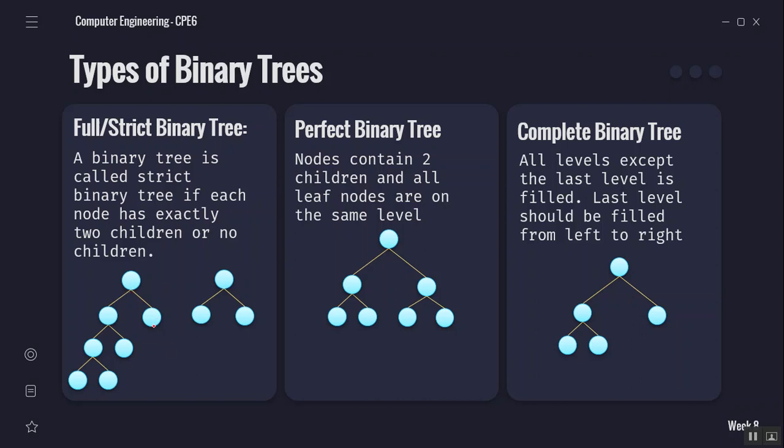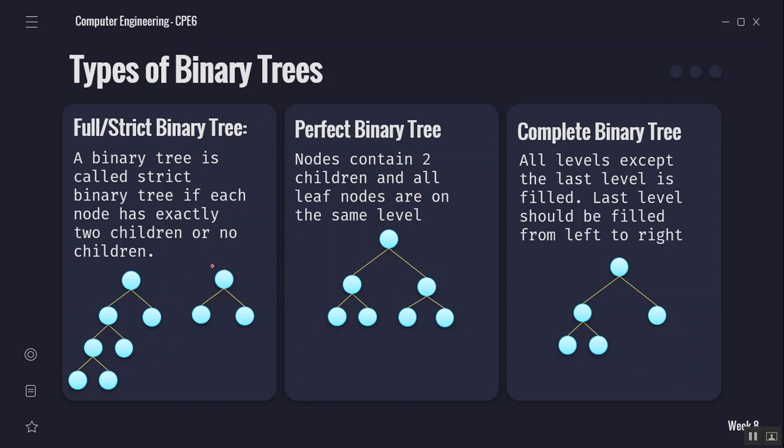This child here also has two children, and then again. Or it could have no children, just like this one. So that's why this is a full or strict binary tree.